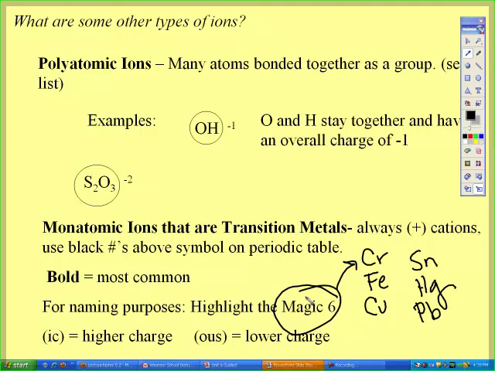Those are considered magic because in our class they are not going to have a most common. Their charge is going to be denoted by this weird suffix, ic or ous. Ic is the higher of the two charges, ous is the lower of the two charges. So let's switch over to our periodic table and I'll show you what I mean.